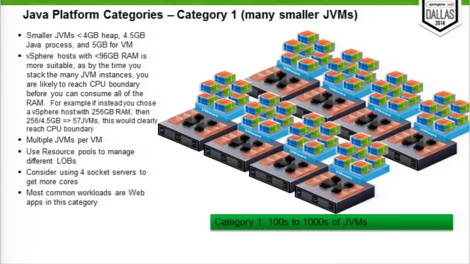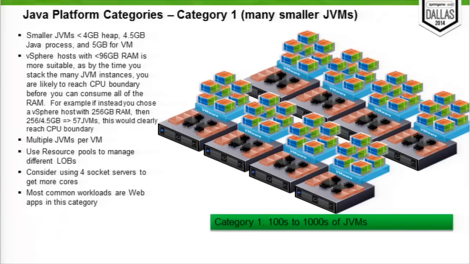And if you look at these things, they tend to be hundreds and thousands, and the largest customer I had was 15,000 JVMs to make up their entire enterprise. When you try to look under the covers in terms of what's going on with the platform, category 1 tend to be CPU bound before they're actually memory bound. So let's take a step back.